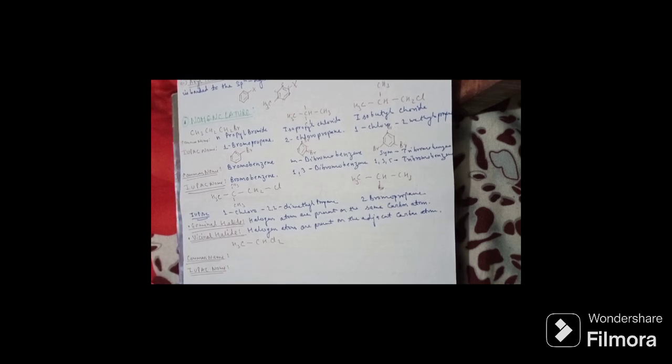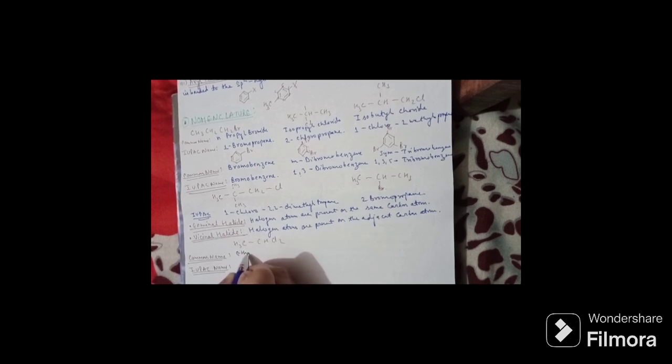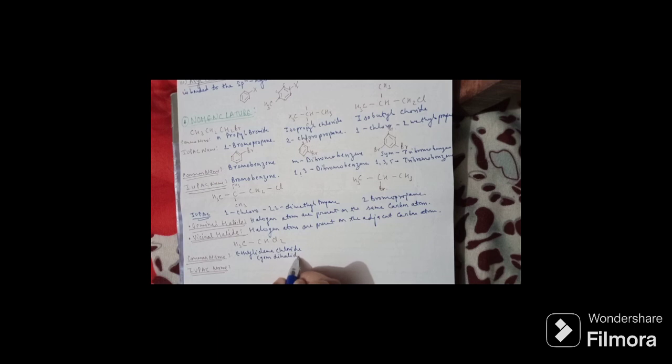For CH3CHCl2, the common name is ethylidene chloride, which is a gem dihalide. The IUPAC name is 1,1-dichloroethane.